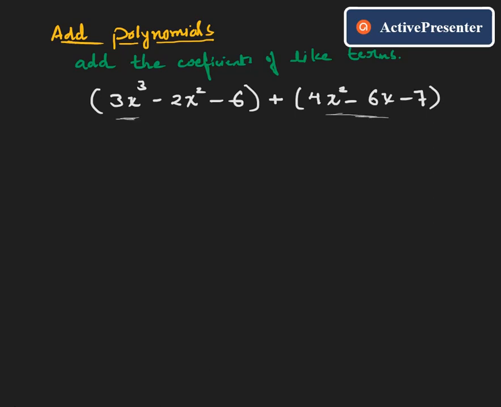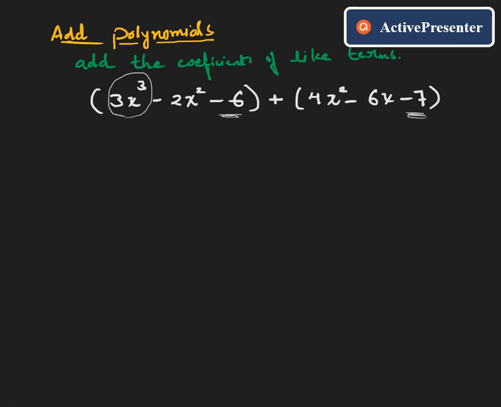We have x squared here and x squared here, so they are like terms. Also minus 6 and minus 7 are like terms.